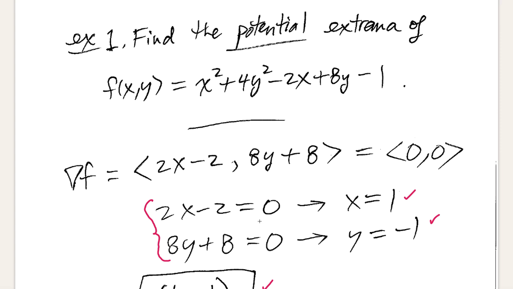You're actually going to have 2 equations and 2 unknowns, right? In this particular example, that was really easy, but in general, that could be pretty gnarly as an algebraic problem, okay?